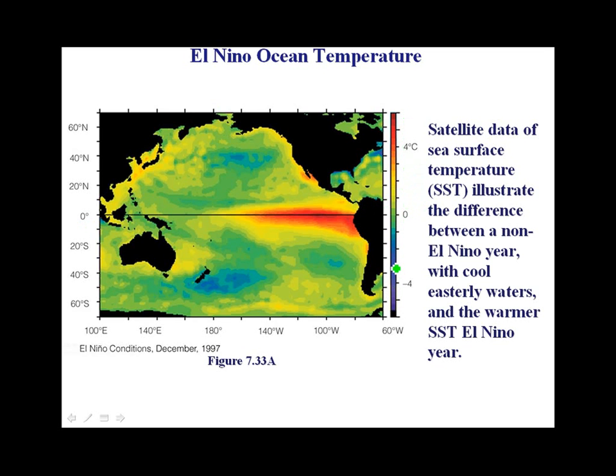And we see the purple bar down here, -4. Well, you see a large area of very warm surface water. This is an indication of El Nino. And that pool of warmer water actually came over from the western Pacific because you had strong winds blowing from west to east.